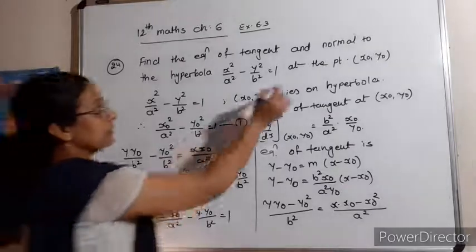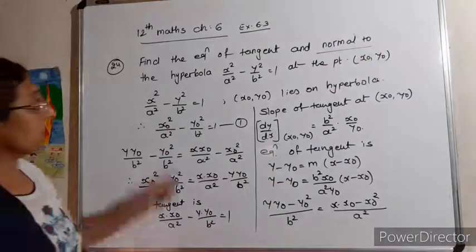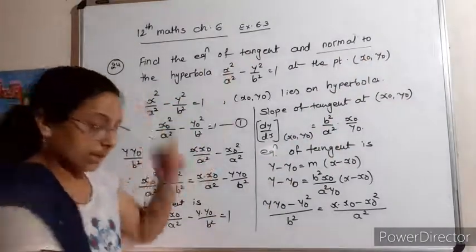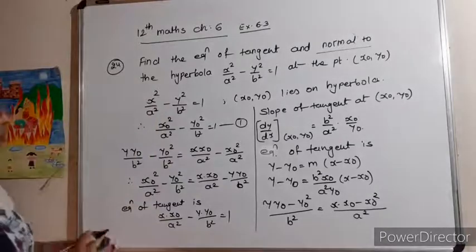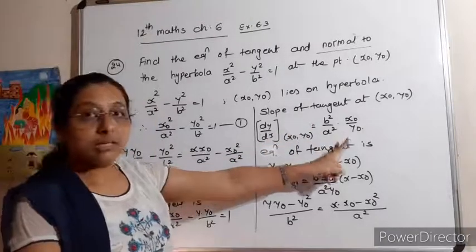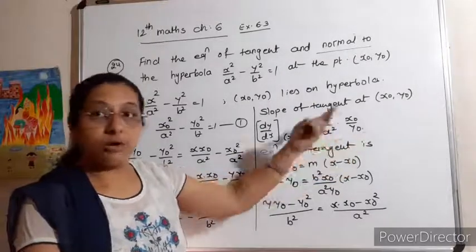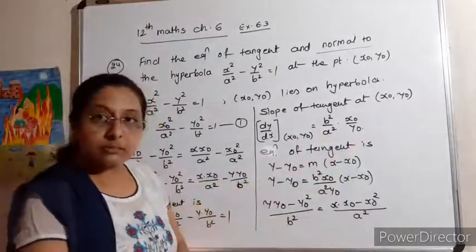Now another thing you want to find is the equation of normal. So how to find this equation of normal? The slope of the tangent, what did we get? Here it is. This is the slope of the tangent. From that we'll find the slope of the normal and then write the equation.